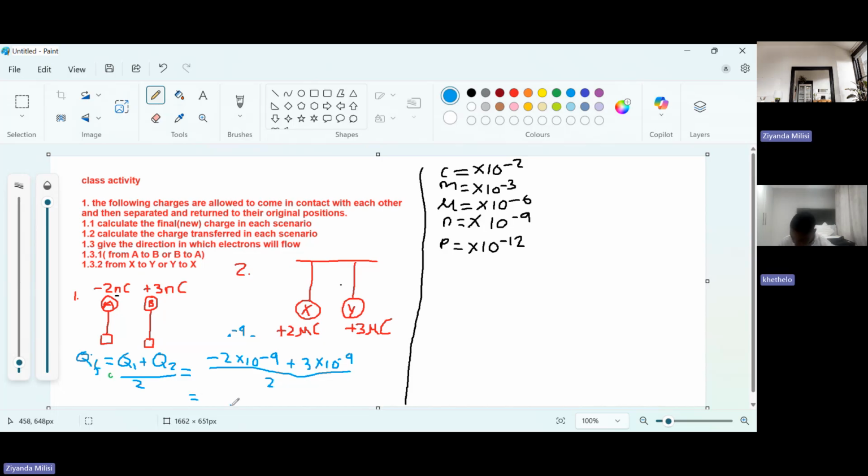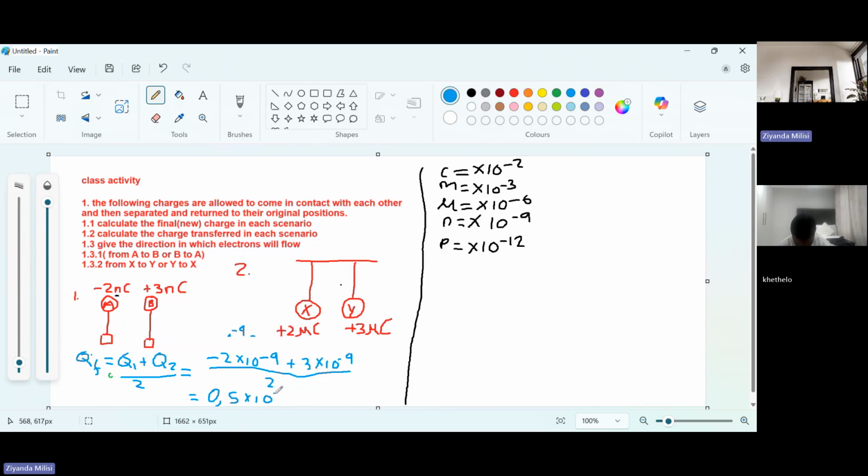5 times 10 to the power of negative 10 coulomb. Same as 0.5 times 10 to the power negative 9.